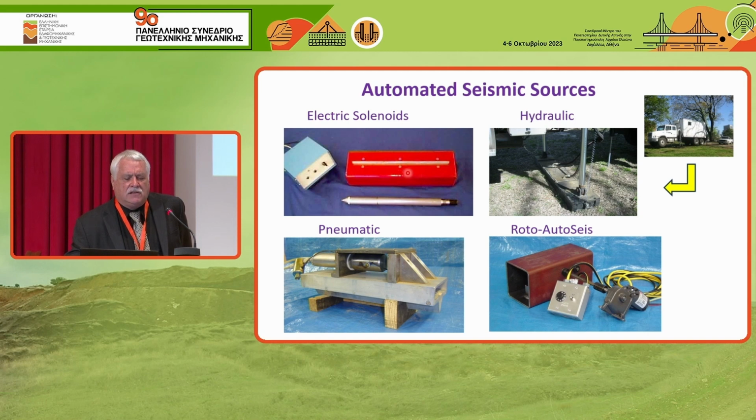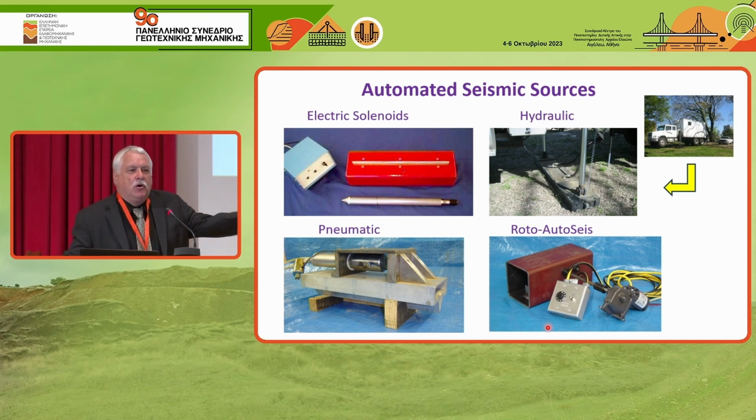This one used a solenoid, so it has a left strike and right strike. We didn't develop the Vertex. It sells a hydraulic one that's 18,000 euro. It's so heavy you have to mount it permanently on the belly of a big truck such as this. We developed a pneumatic one to get something more powerful, and we finally ended up with what we call the Roto-Autoseis that we patented.